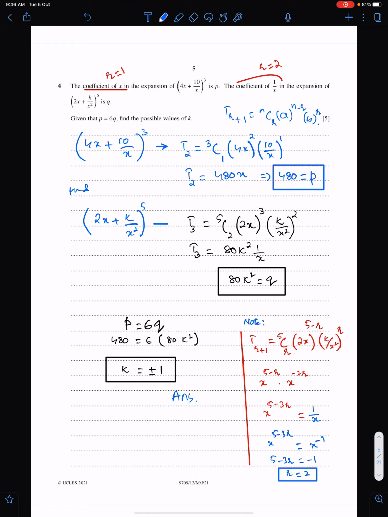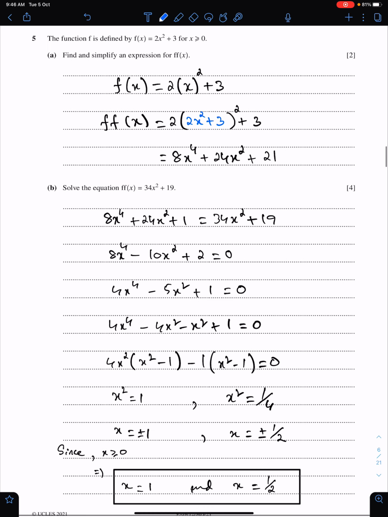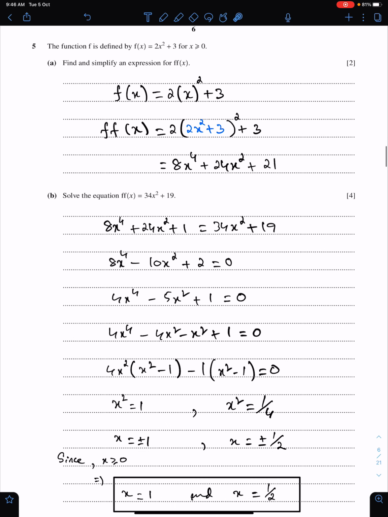Next question. The function f is this for this domain. We need the expression for f2x. Fx means f2x. So for ffx or f2x, we need to replace this x of f by this thing.